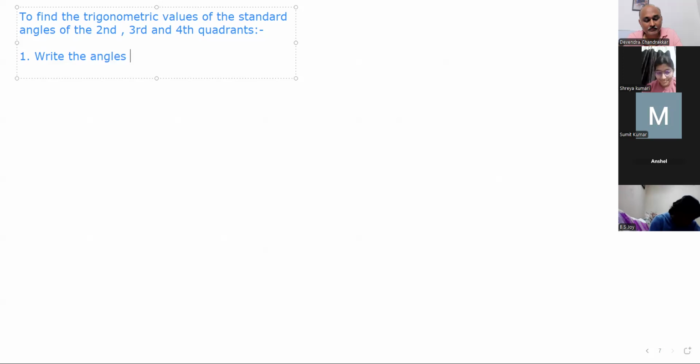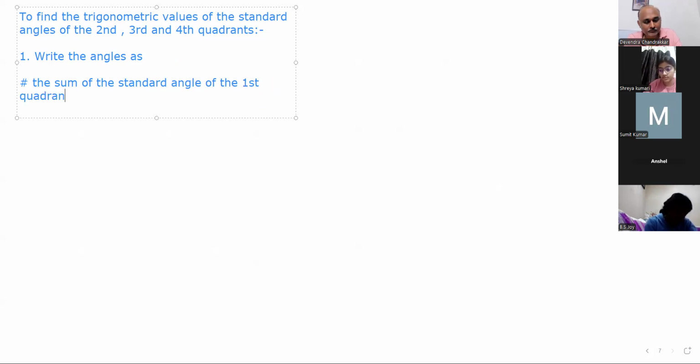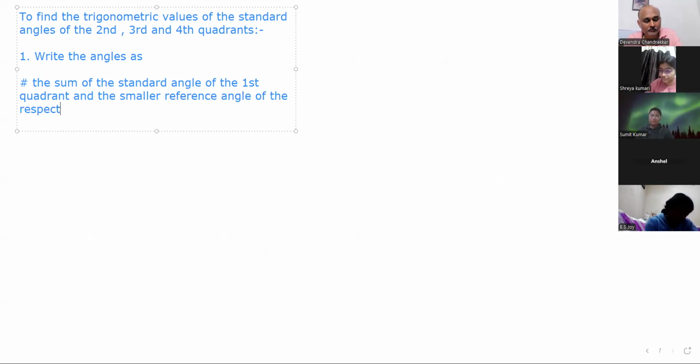Write the angles as the sum of the standard angle of the first quadrant and the smaller reference angle of the respective quadrant. The way you have found it, just उसको reverse करना है, ठीक है?